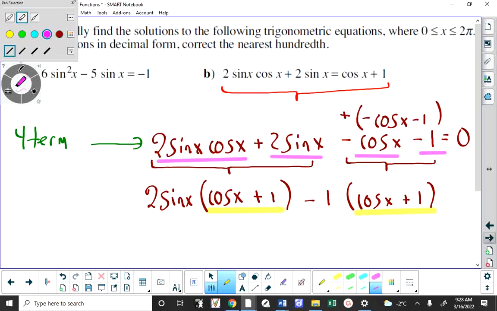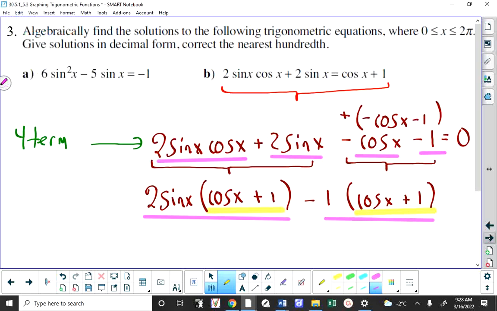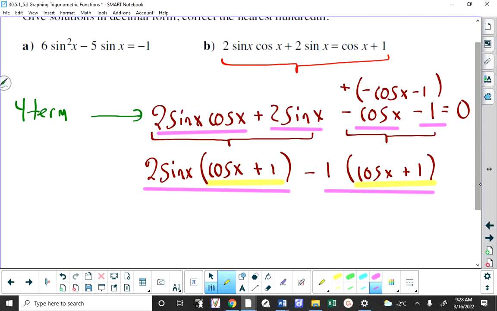But what we have now are 2 terms. Terms are things that you're adding or subtracting from each other. So in the big scheme of things, what we now have are 2 terms. And we've been clever about this. We've arranged it so that there's a factor of cos x plus 1 in each term.